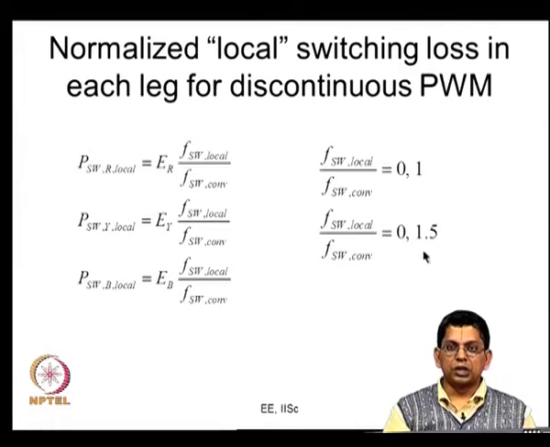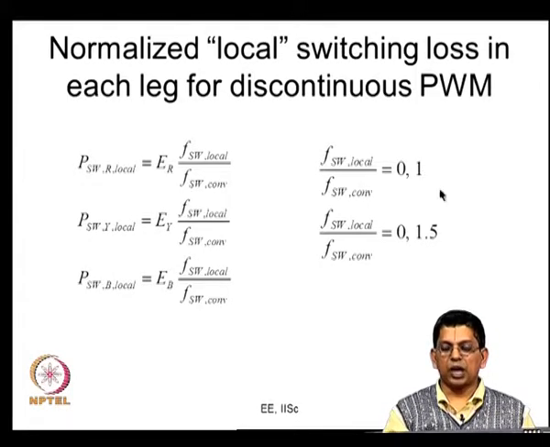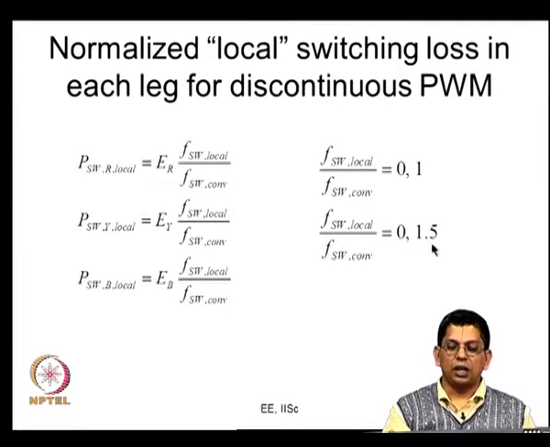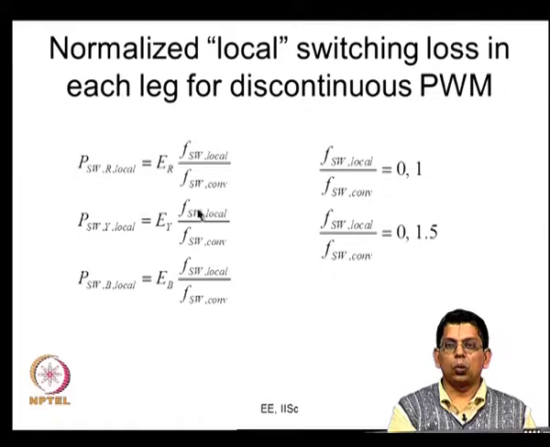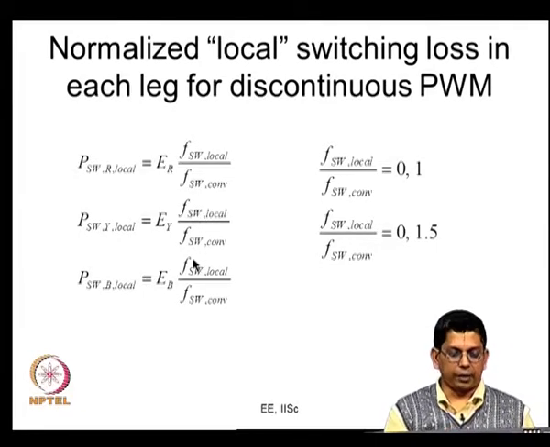So, sometimes we use the same carrier frequency as the conventional, or sometimes we use a higher carrier frequency, that is 1.5 times that of the conventional, and therefore, this FSW local will be either 1 or 1.5 depending on the carrier frequency we have chosen when the phase is switching, and when the phase is clamped it is only going to be 0. So, this way you can evaluate the normalized local switching loss for each leg, for R phase leg, Y phase leg and the B phase leg.